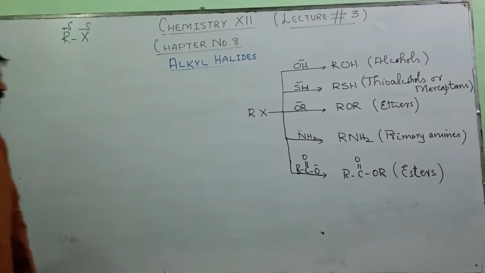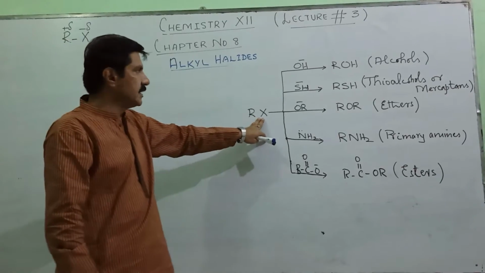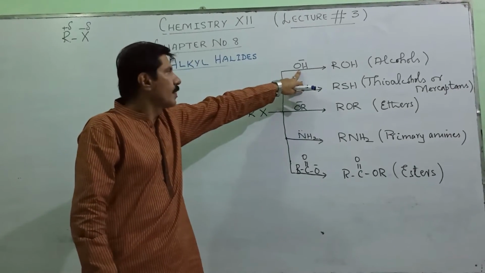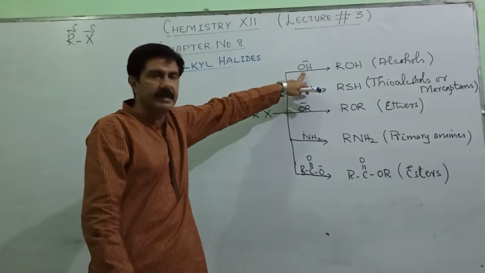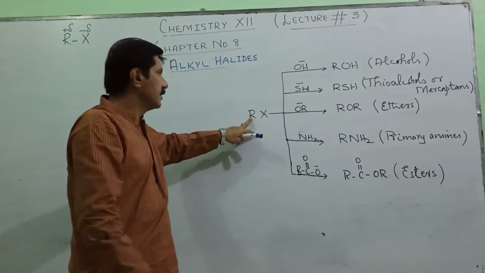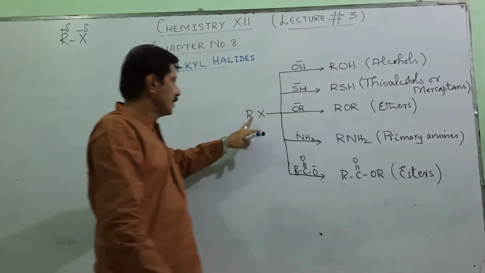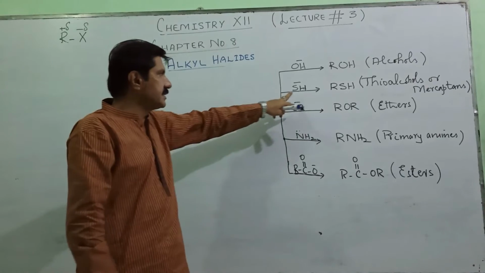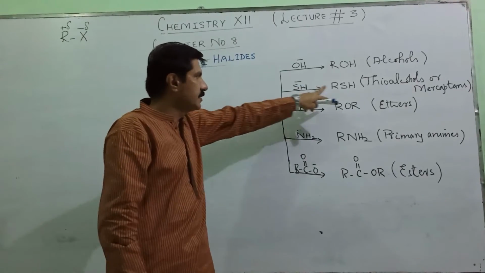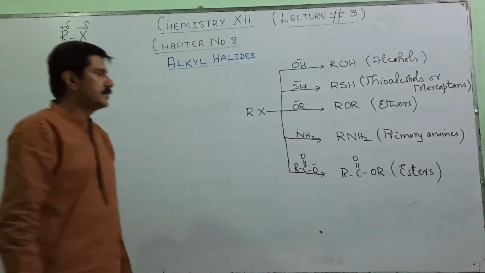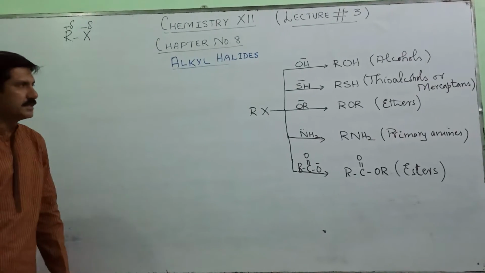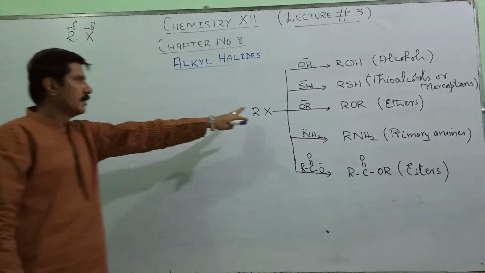When alkyl halides are reacted with OH group containing compounds, they will give you alcohols. When the alkyl halide molecule is reacted with the SH group, you will get products called thioalcohols or mercaptans.